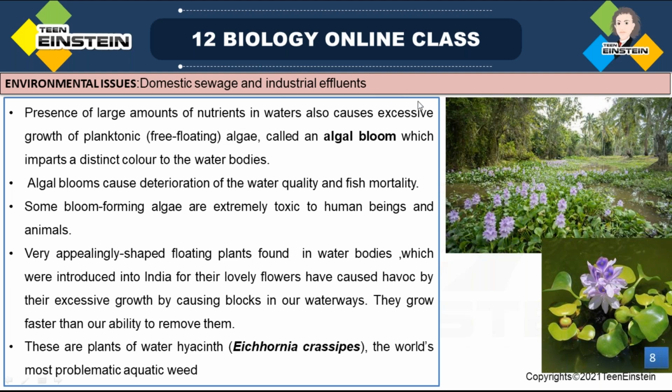And this Eichhornia, it is called as terror of Bengal. And this is causing imbalance in the ecosystem dynamics. Okay, imbalance in the ecosystem dynamics of that particular water body where it is growing. Okay.